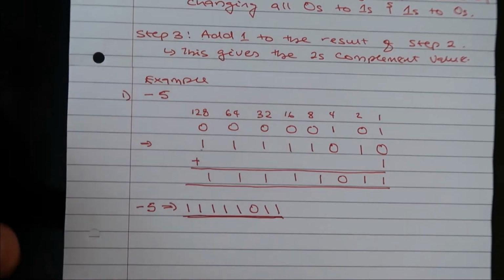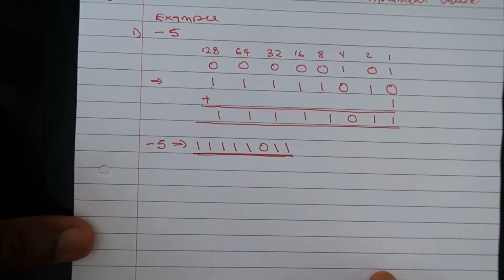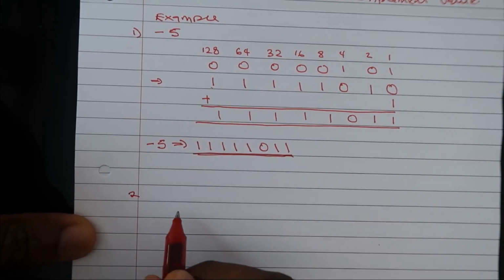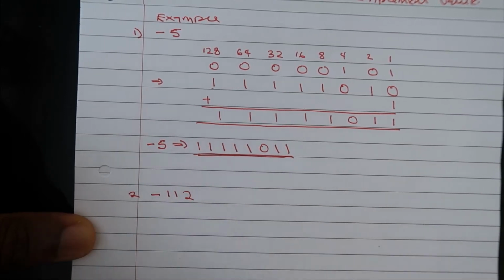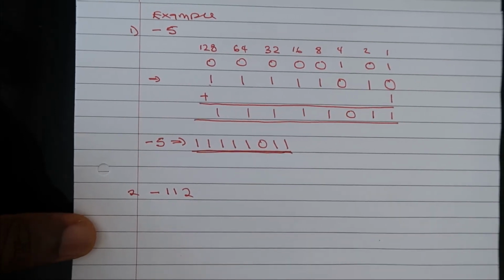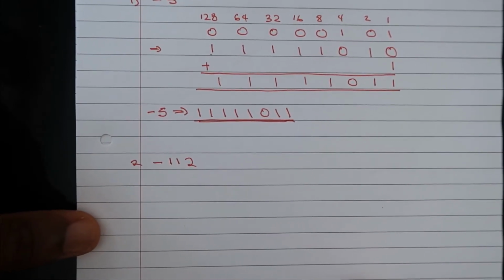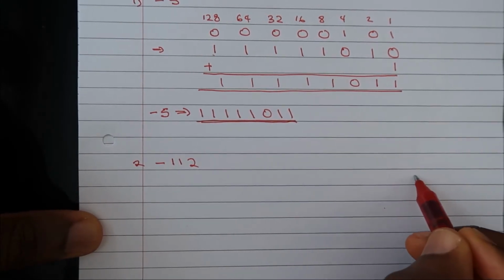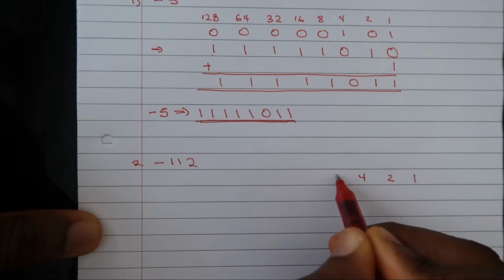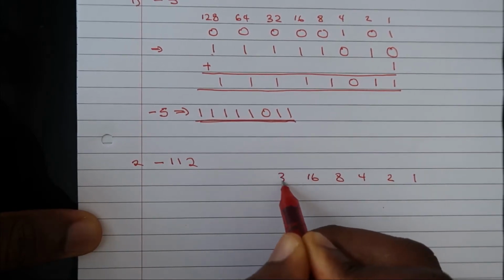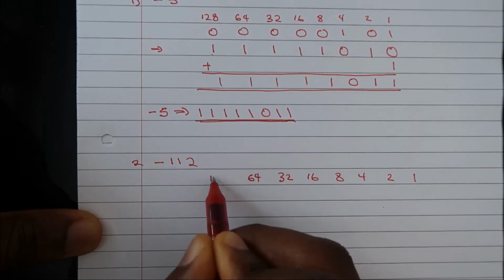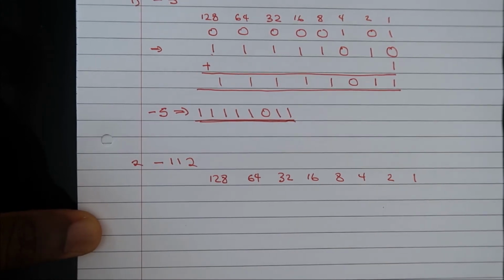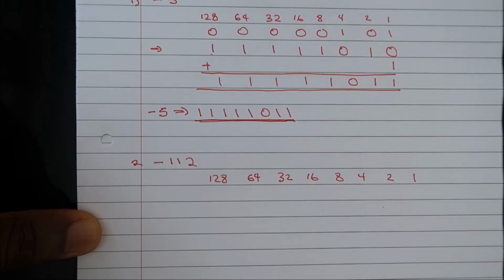Let's look at another example. In this example, we're going to convert -112 to binary using 2's complement. Again, to do this, we'll write down the number sequence: 1, 2, 4, 8, 16, 32, 64, 128. Now, if you remember from step 1, we find the binary value of the equivalent positive denary number.